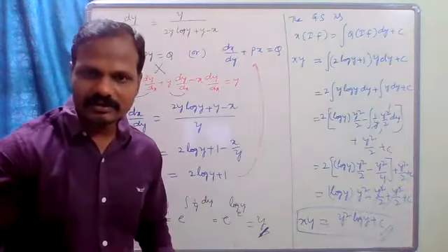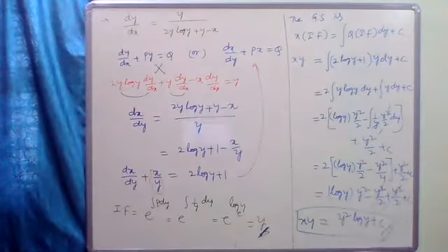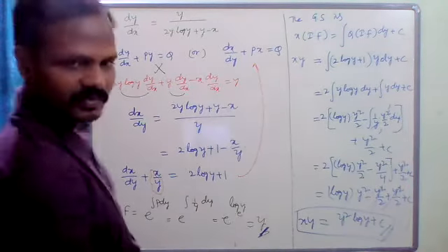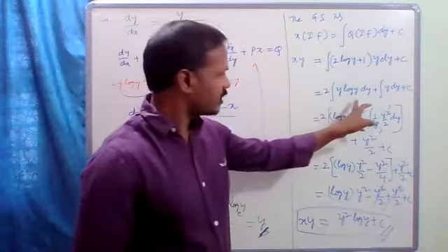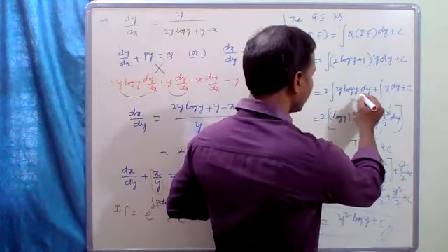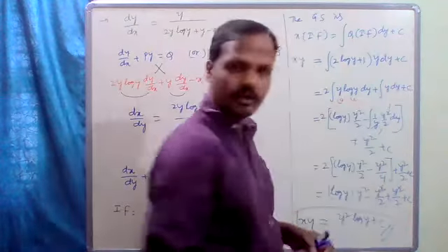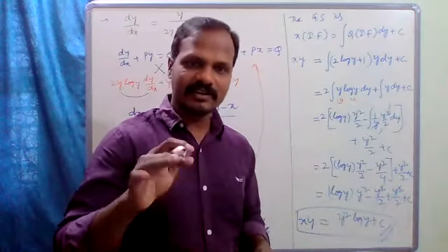Is it clear? Any doubt? So here the integration is of uv. Log y is u, y is v. Integral uv is u integral v minus integral u dash integral v.